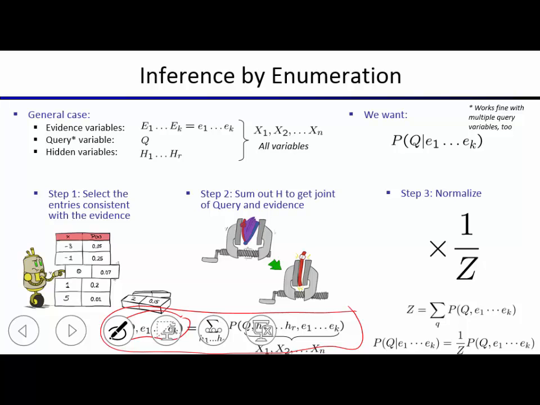The E variables are already fixed. Then we look at all entries that have plus q and e1 through ek. There will be multiple entries because the hidden variables can take on different values. We sum together all those entries, and that gives us the new entry for plus q, e1 through ek. And then we can repeat this for negative q, and if there's yet another version of Q, you can repeat this again and so forth.